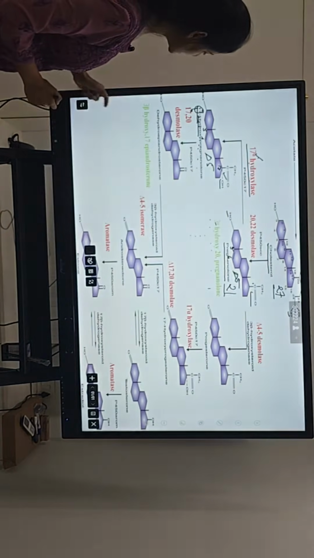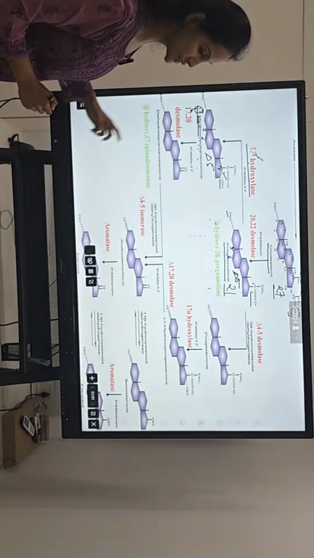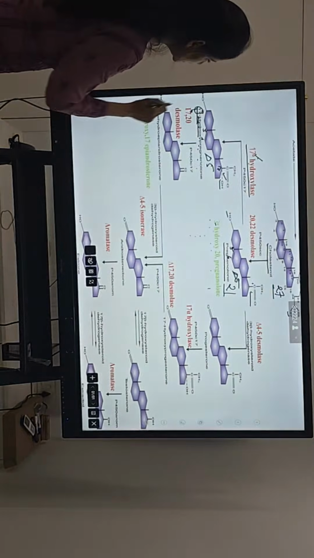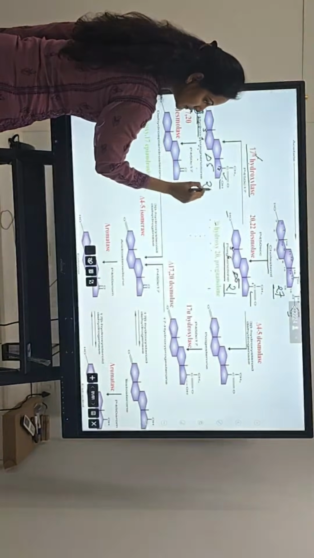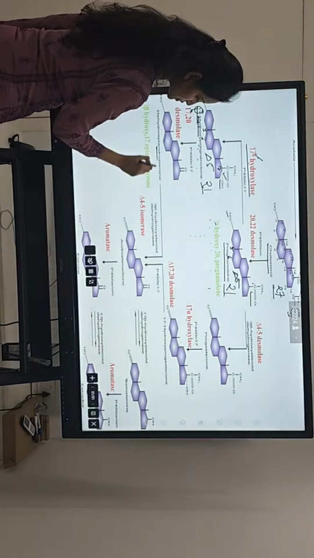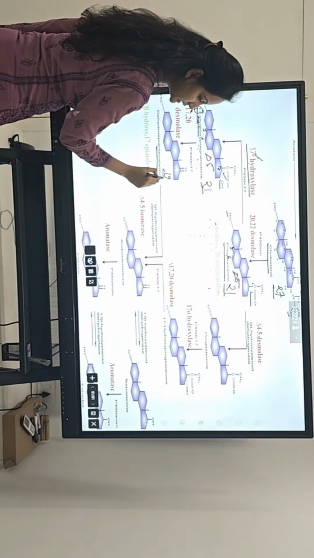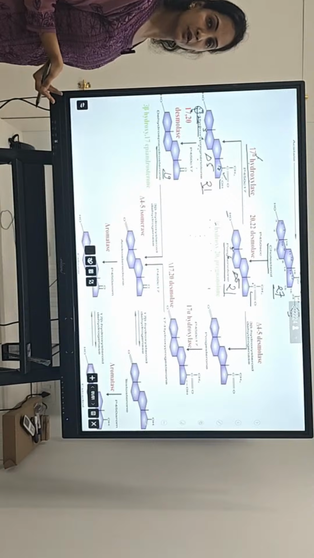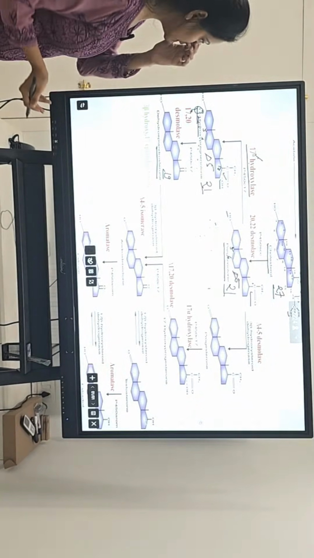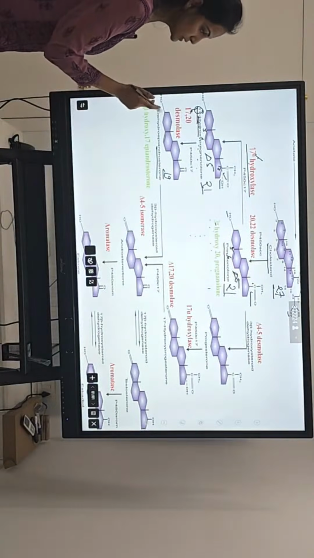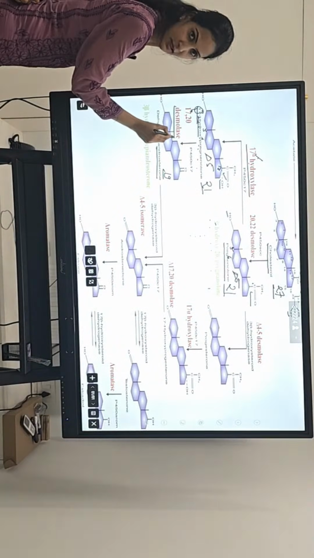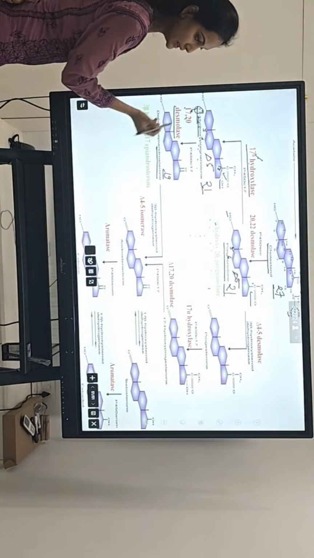The next product is dehydroepiandrosterone. This is 21 carbon, and the product, obviously, is a 19 carbon compound. So again we have to remove some chains. The enzyme we will use is desmolase, and it's called 17,20 desmolase.